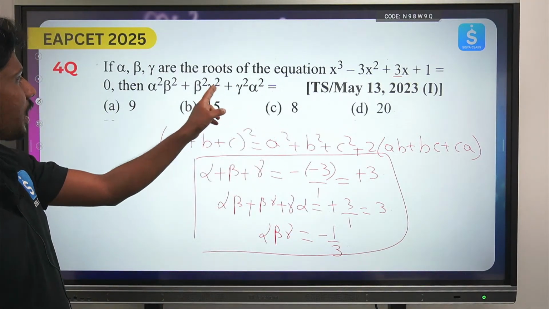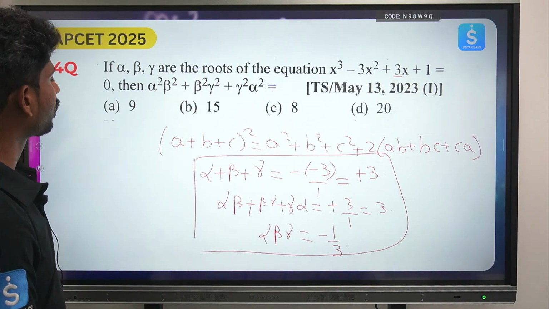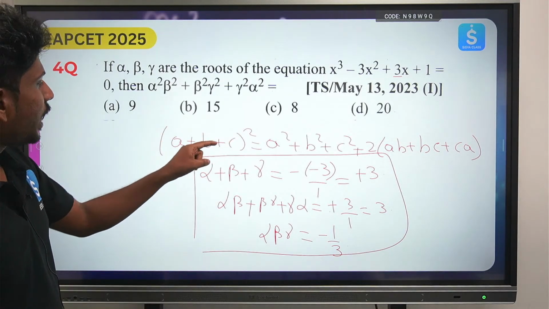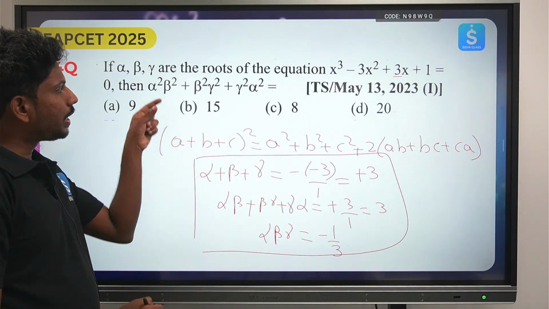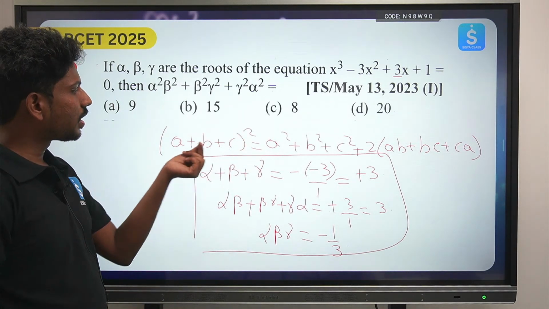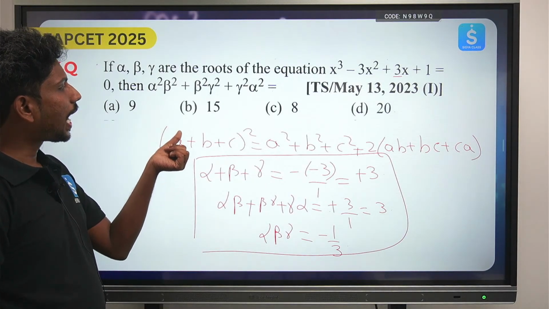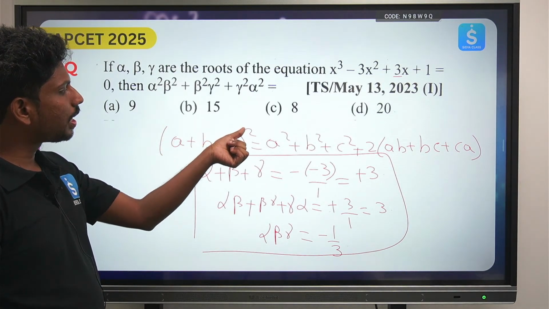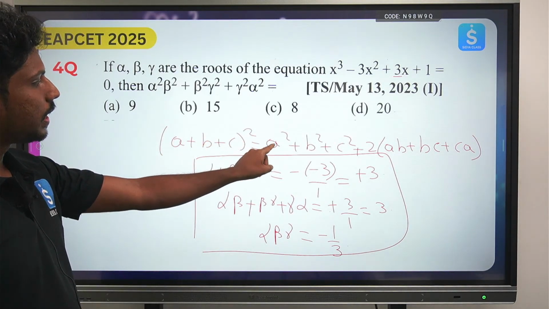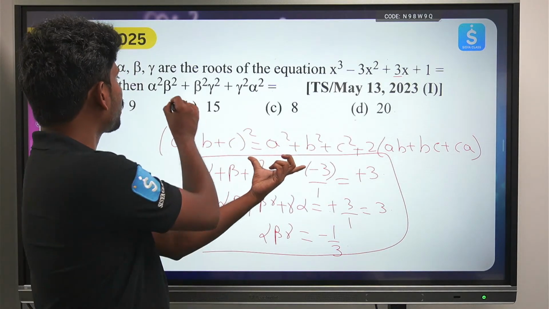Now let's try to calculate this alpha square, beta square, gamma square. If you try to impose this formula, now if you see, this is nothing but (alpha beta plus beta gamma plus gamma alpha) whole square. You can directly see this is the version of the formula.